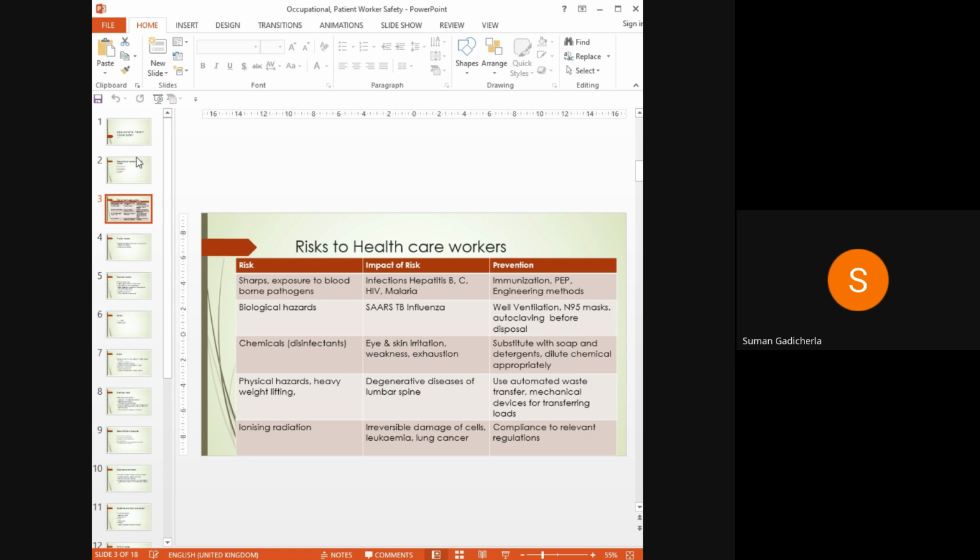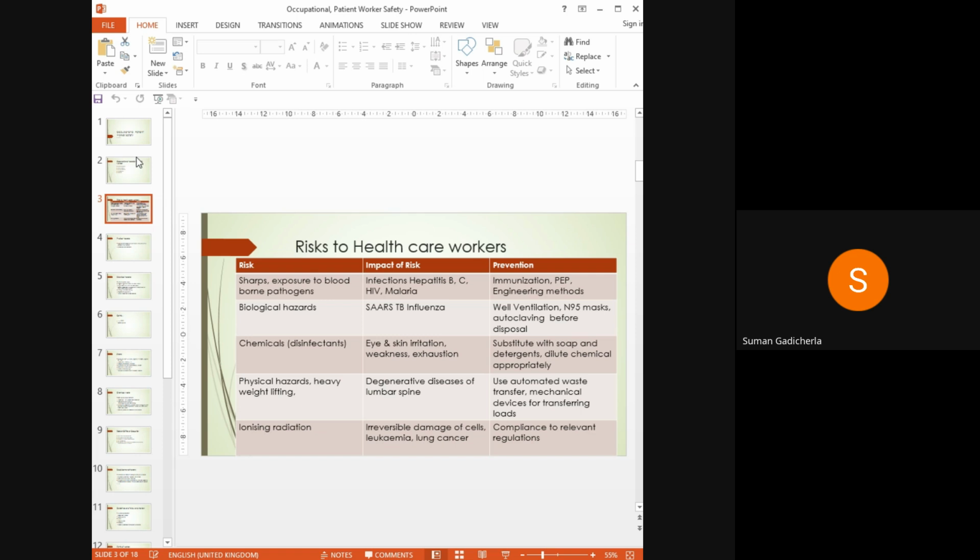We have to have a protocol, in the sense that it will be used only in these places. Once used, it has to be kept back in its place, and only those people who are trained can use certain things. You need to have written policies as to where it will be used, who will handle it, if there is a spill, and if there is an accidental exposure to any of the chemicals, what needs to be done, who will be responsible, and how to handle the situation.